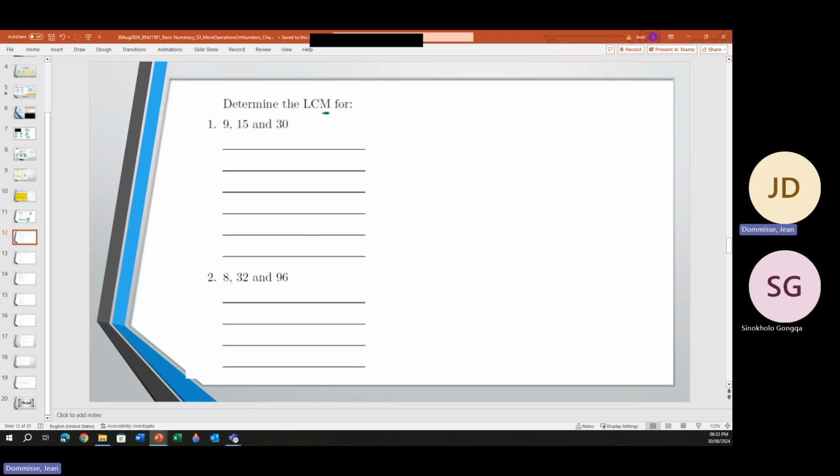Okay, lowest common multiple. Lowest common multiple is when we are basically looking for the factors in all three of them. In this instance, we've got three numbers, and out of that, we need to pick what the factors are that go into all three of them. So let's pick this one.